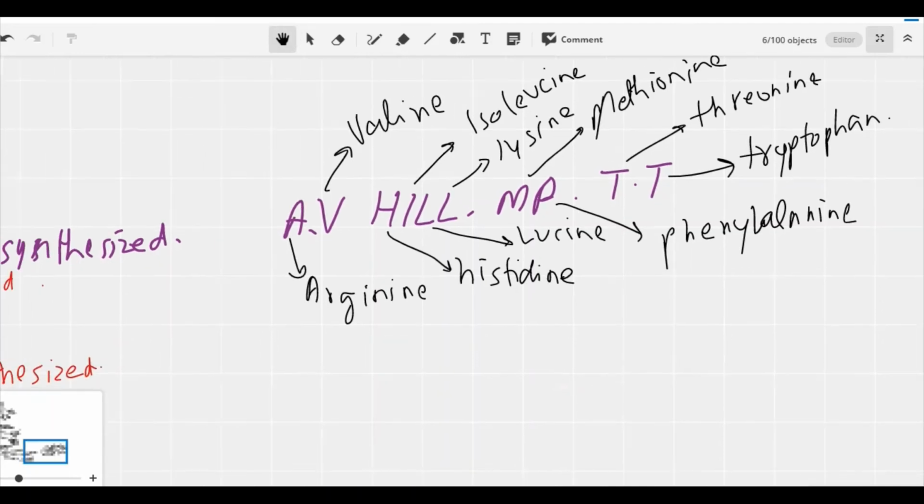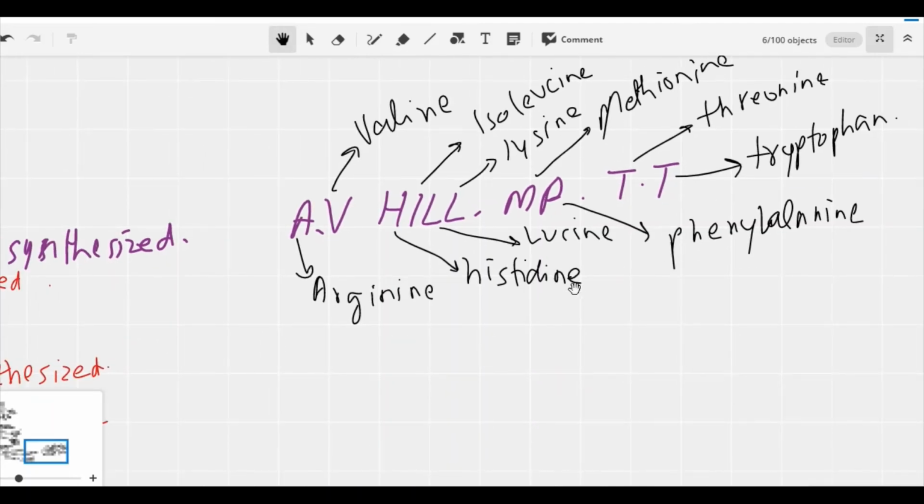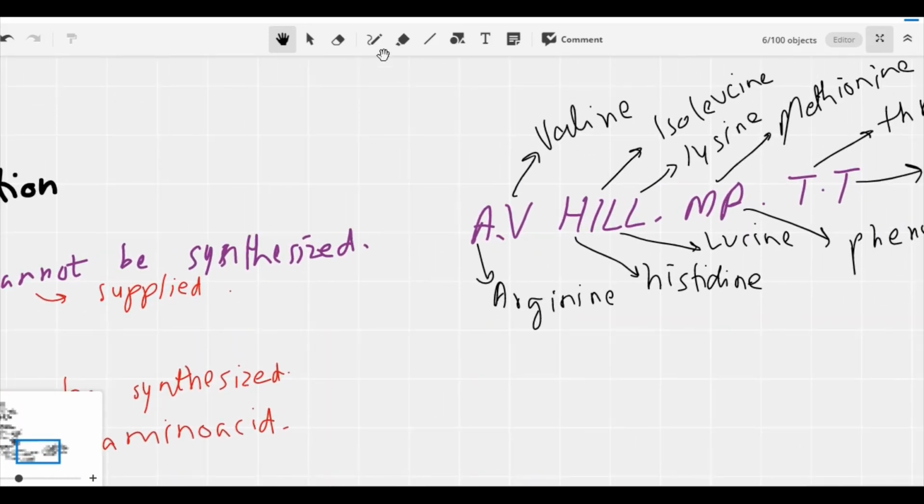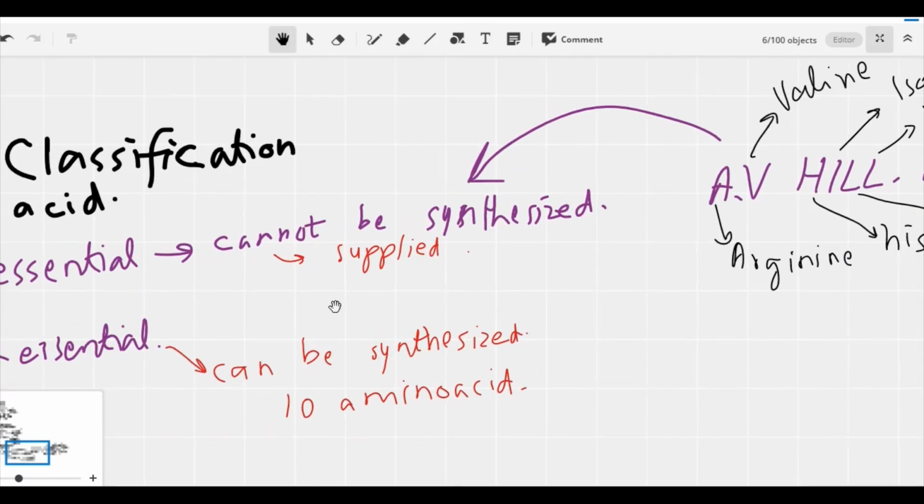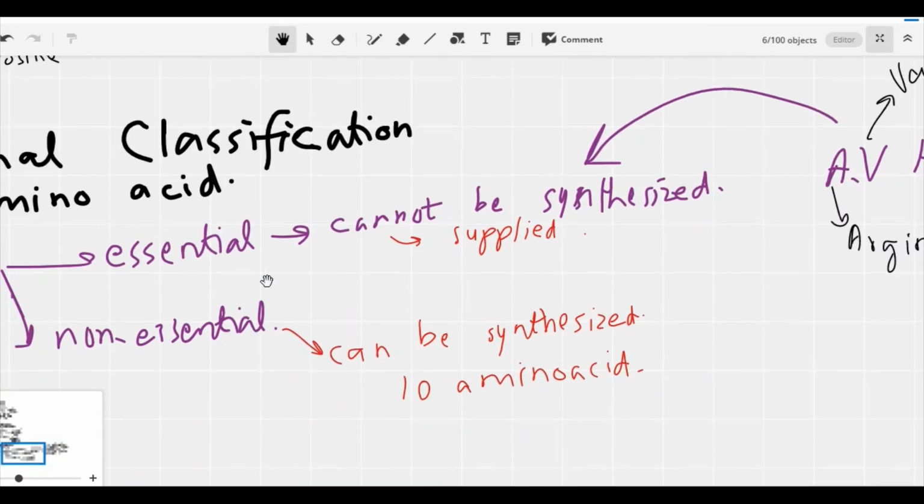So you can count them: 1, 2, 3, 4, 5, 6, 7, 8, 9, 10. Sorry, these are categorized as the essential amino acids. It means that the body cannot synthesize them, and therefore they need to be supplied through the diet, so they are called essential amino acids.